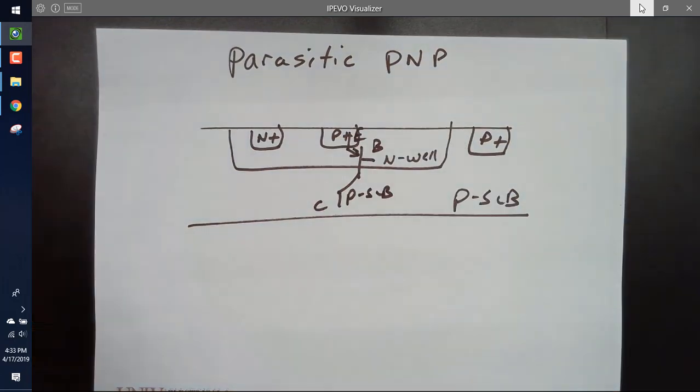And if you think, why not make an NPN and try to use it the other way, you will see that that's not possible. Because what's the substrate always? Well, most integrated circuits: ground.